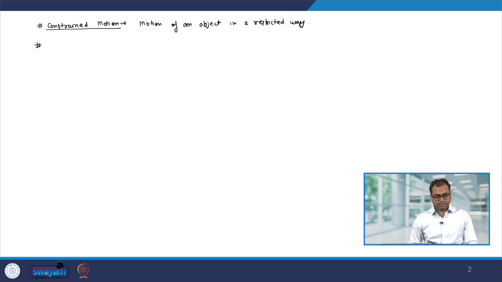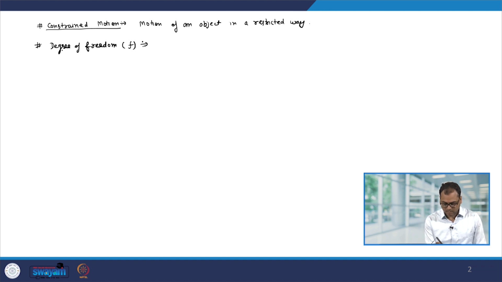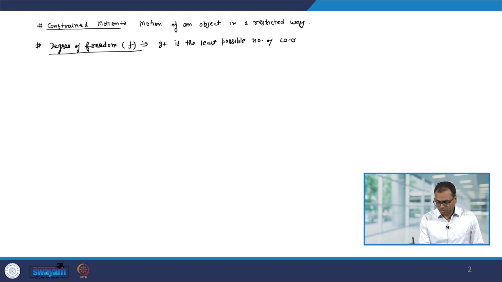Now, another concept that is required is the degree of freedom. Generally this degree of freedom is denoted by f, and it is the least possible number of coordinates to describe the system completely.